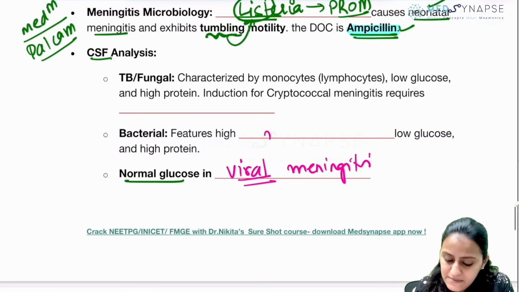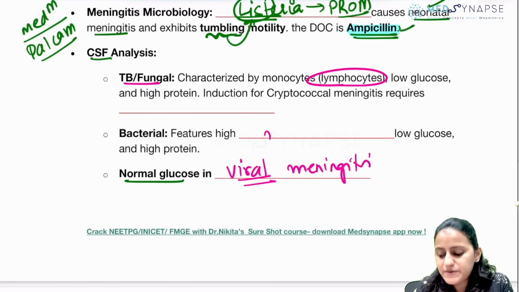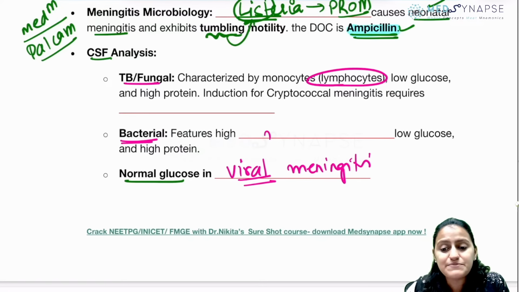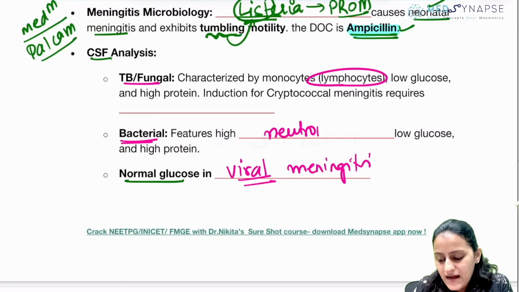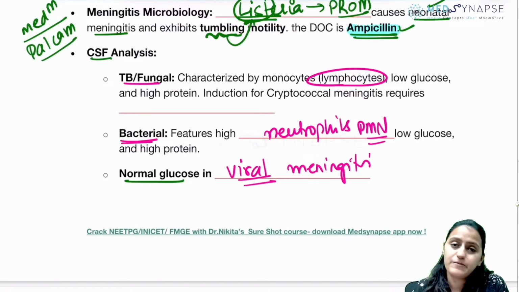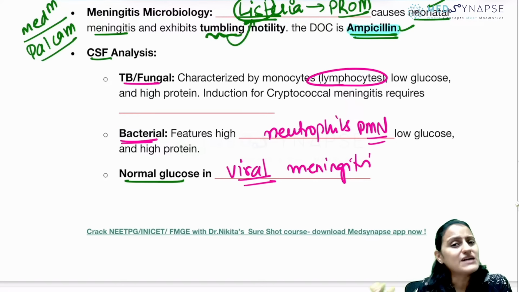Then you have TB or fungal, mein kya hota hai? There is going to be lymphocytosis, while in bacterial meningitis, wherever there is bacteria, remember it is neutrophils. So there are high numbers of neutrophils, PMNs is what it is called. Both of them will have low glucose, high proteins, but the difference is in the cells.